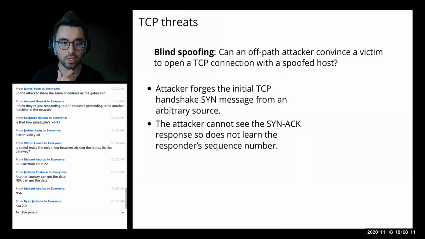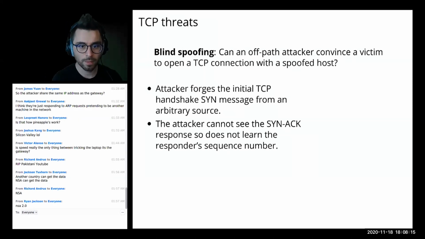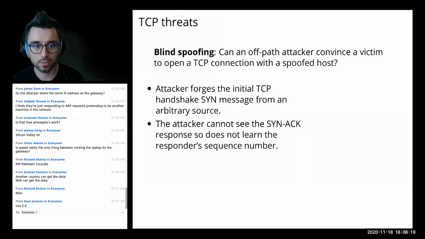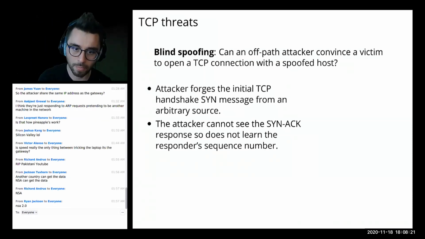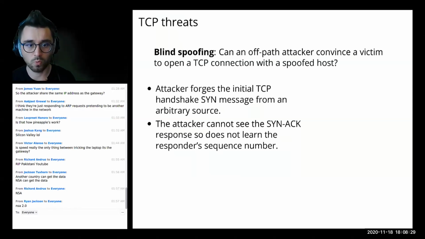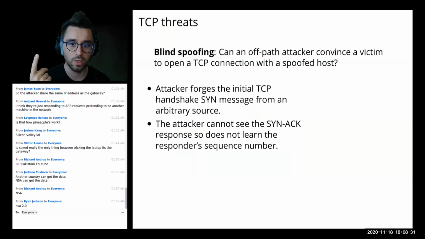Well, as the attacker, we force the initial three-way handshake from whatever host we actually want from the spoofed host. But as the attacker, we can't actually see the SYN ACK, because we're off path. So we're sending a request with the source address of our victim, but we're never able to actually see the SYN ACK.